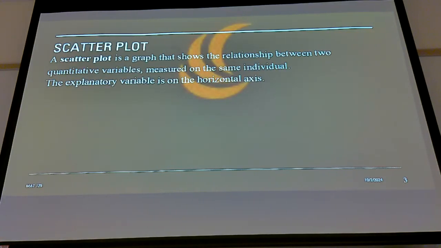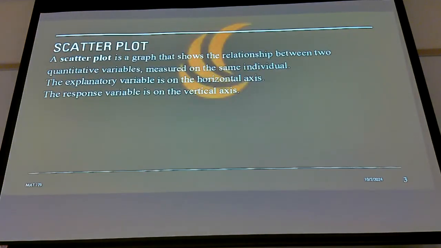Your independent variable, I'm sorry, not dependent, explanatory, your independent variable is always the horizontal axis, which makes the response, your dependent, the vertical.